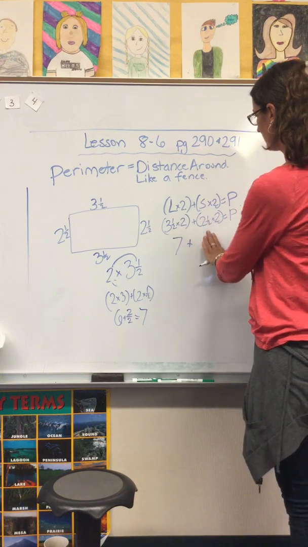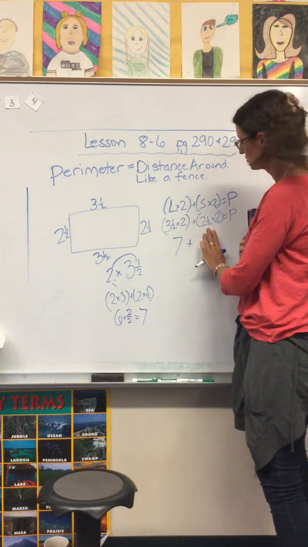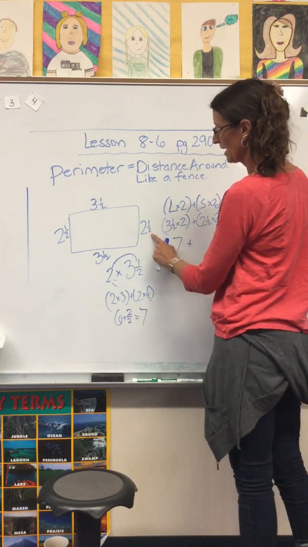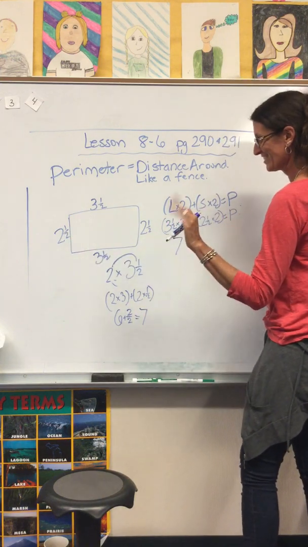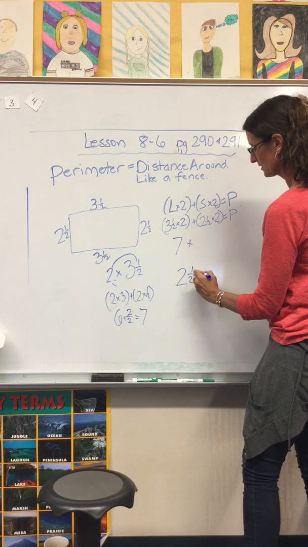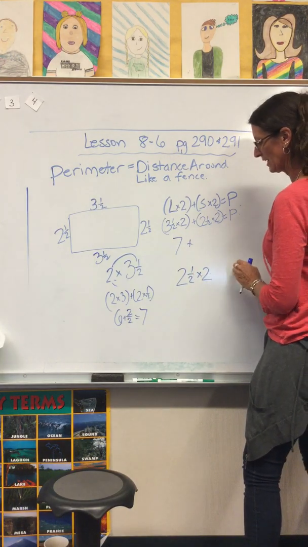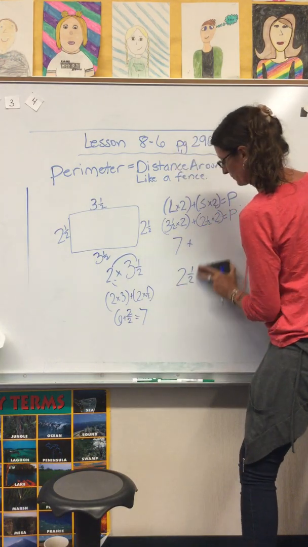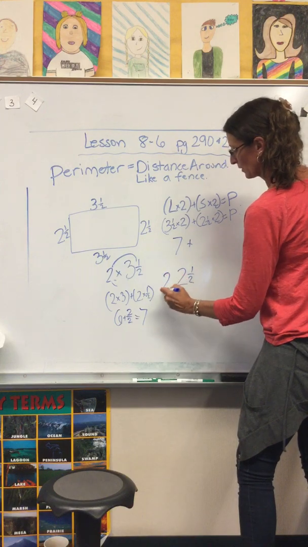And then here, 2.5 times 2, we have 2.5 and 2.5. So 2.5 times 2. And again, I'll put my whole number in front.